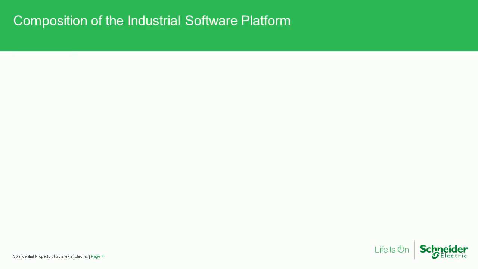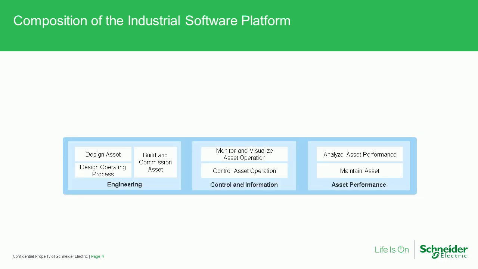On that note, let me talk a little about the offers that we have, the products that we sell. We talk about this in the context of an industrial software platform, providing capabilities across the spectrum. Firstly, for assets: the design and engineering of the asset, process design and simulation, and control and information.